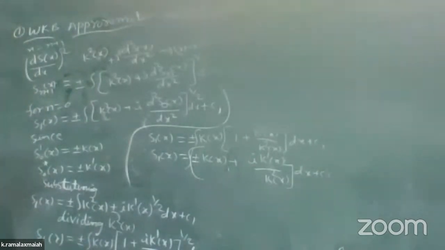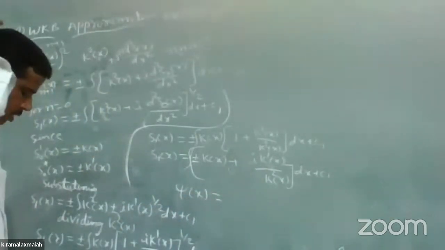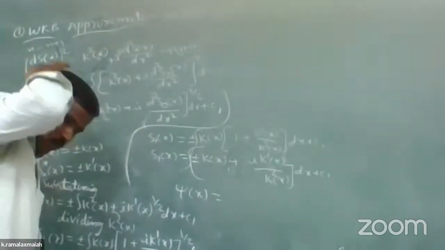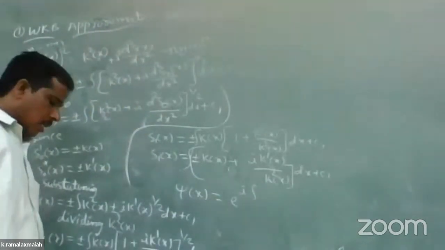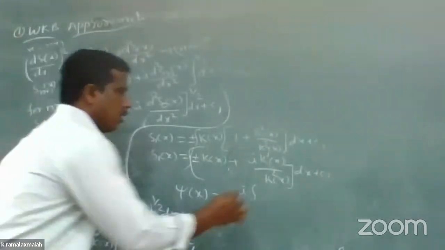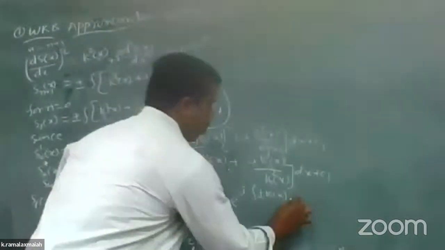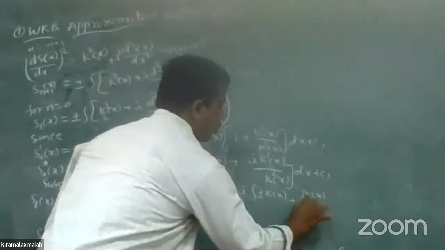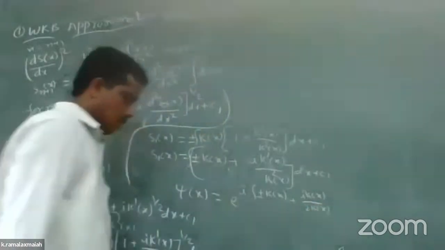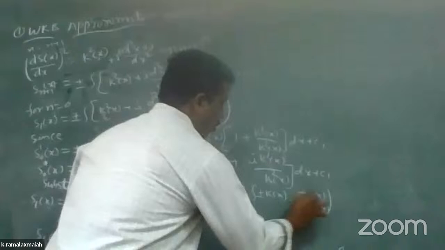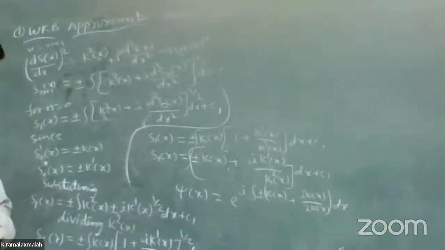Okay. So here J of x is equal to e power of i real of plus or minus integral of k of x dx plus i k dash of x by 2k of x dx.